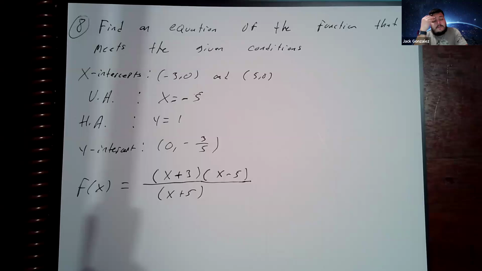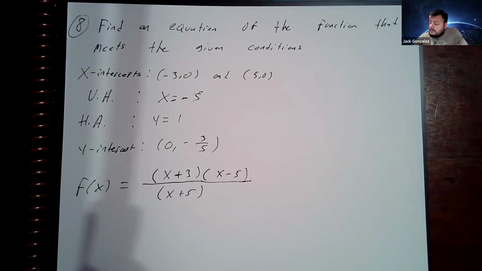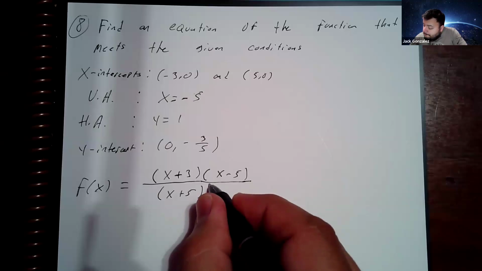that y-intercept has to give us another hint. If I plug in 0, I get 3 times -5 on the top. So the only way to make it a fifth would be if this was squared.